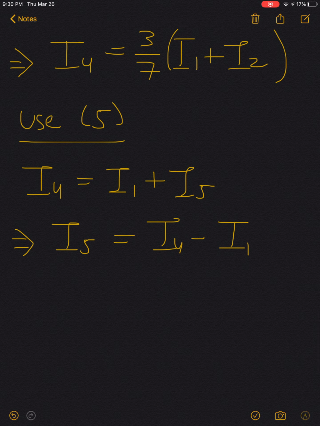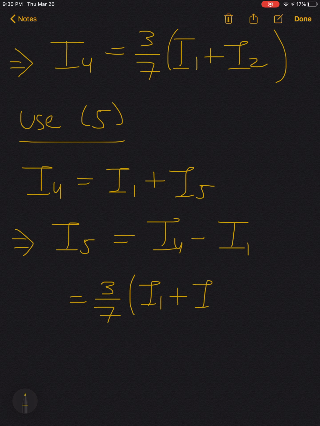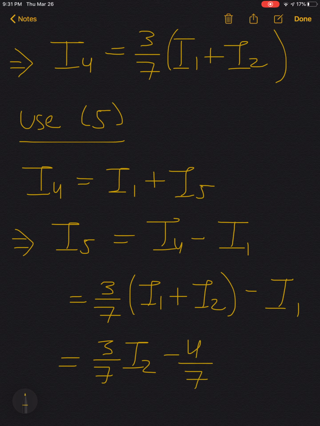Now, plugging in what I4 is in terms of I1 and I2, you get 3/7 (I1 plus I2) minus I1. So the I2 remains unchanged, but there's a factor of I1 multiplied by a fraction and subtracted by I1. So you get 3/7 I2. And then 3/7 I1 minus I1 is minus 4/7 I1. And that's what I5 is equal to.